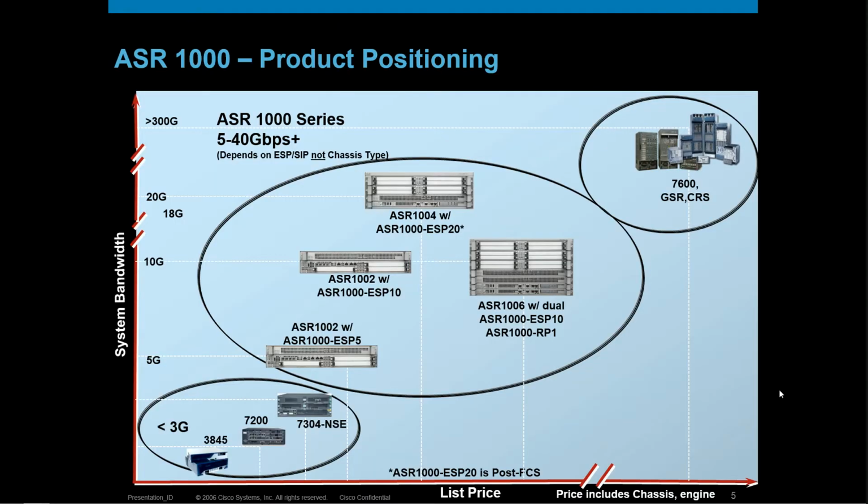Interesting thing here is they actually do the smaller portions of the spectrum. They're under the CSRs, but again, these aren't $500,000 routers. These are fairly cheaper routers. Last time I looked at an ASR, we're talking a few tens of thousands. I mean, we're not talking hundreds of thousands.